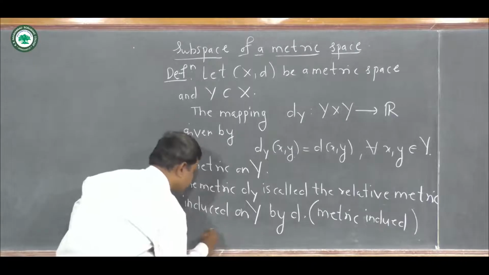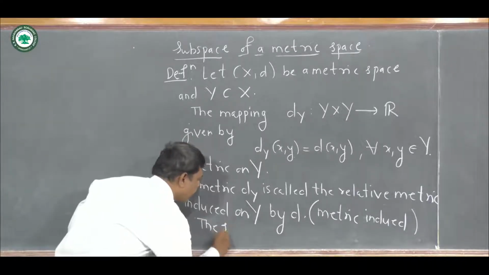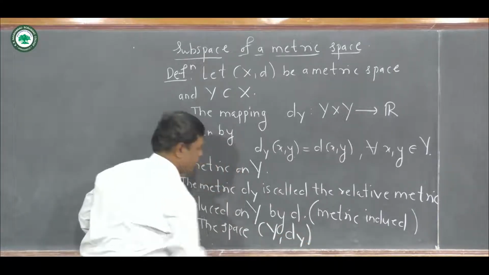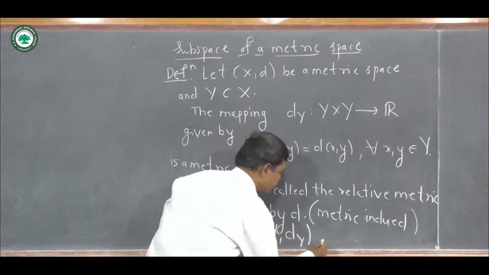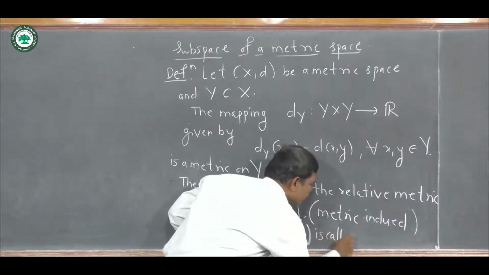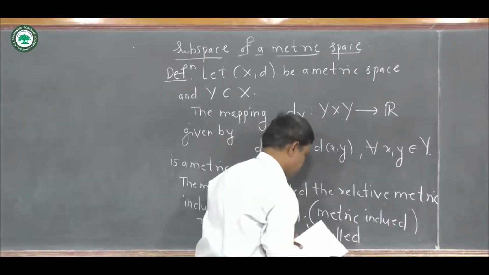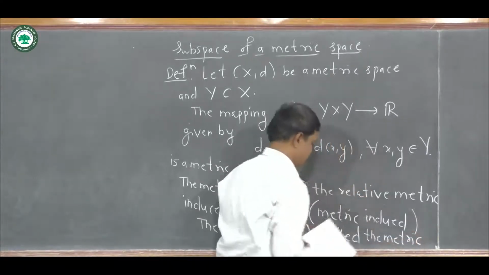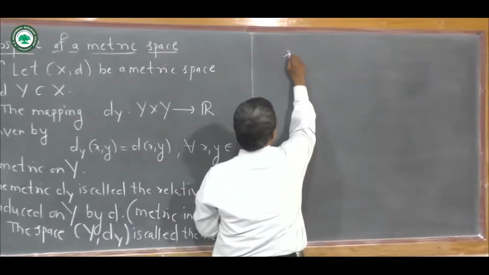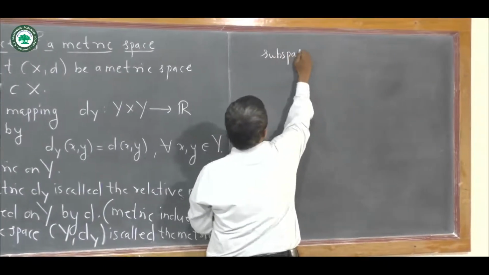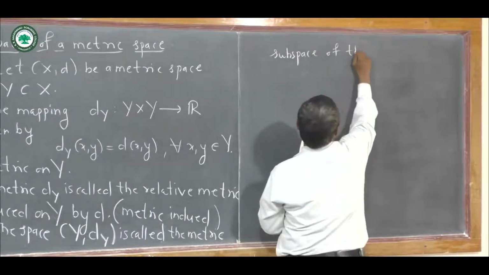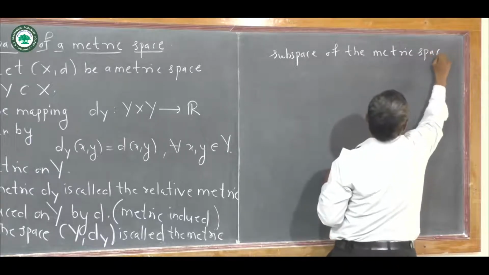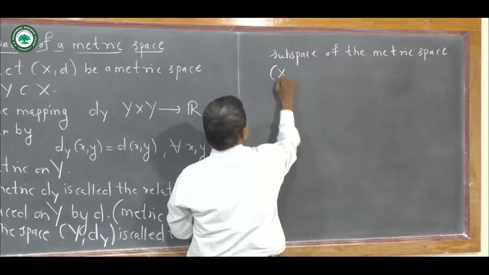Then the space (Y, d_Y) is called the metric subspace of the metric space (X, d).